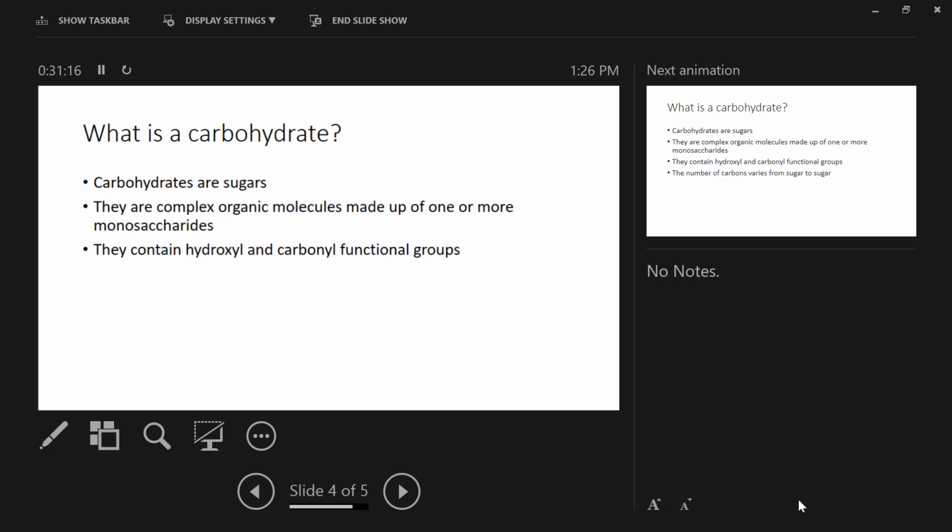Okay, a little bit more about carbohydrates. Carbohydrates contain 2 of our functional groups that we talked about last week. They contain hydroxyl groups and carbonyl groups. Every sugar, every carbohydrate is going to have at least one hydroxyl group and at least one carbonyl group.